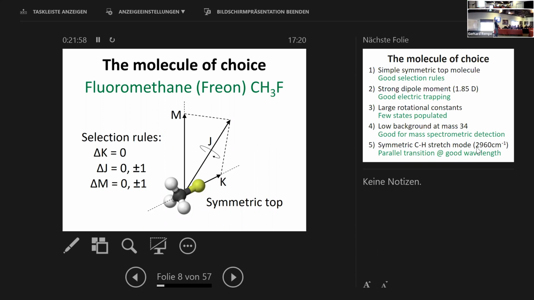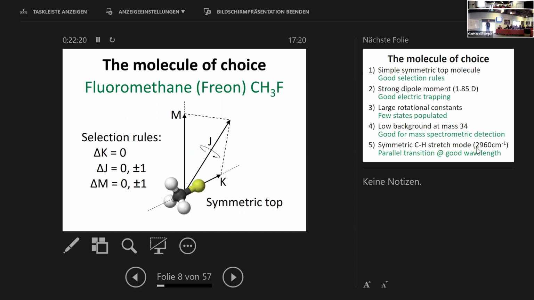The selection rules: please remember, just the transition to the first excited vibrational state, and it has to come back to the vibrational ground state. And the selection rules on the angular momentum states are almost perfect: delta K equals 0, delta J equals 0 or plus minus 1, and delta M equals 0 or plus minus 1. So what are K, J, and M?